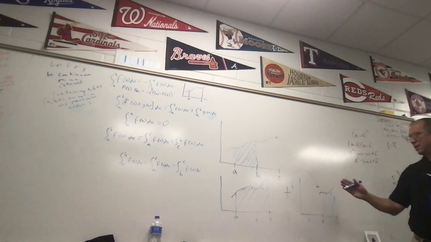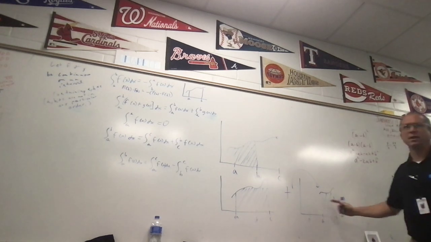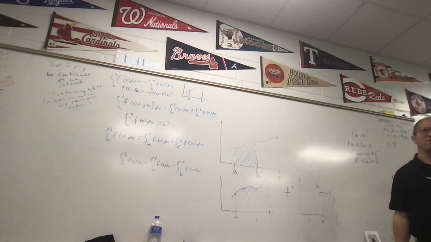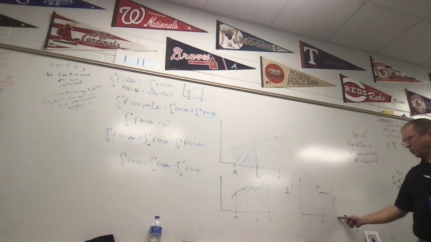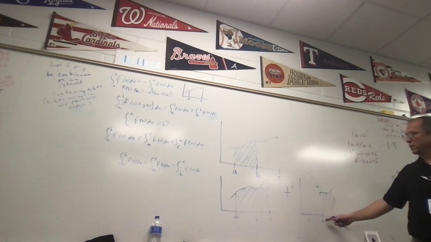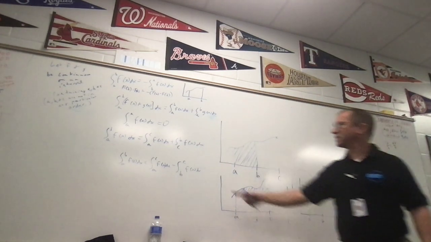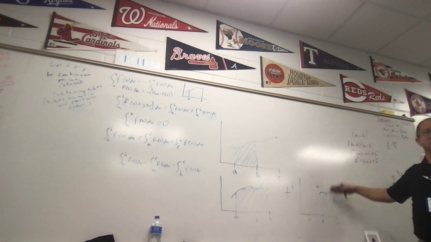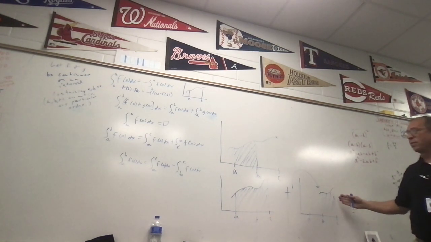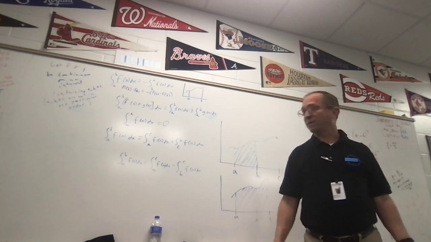But if you write it like this, it's plus c to b. We just see that c to b ends up having a negative value because the upper limit of integration is less than the lower limit of integration. So since the area is above the x-axis, that gives it a negative value. But that's what's happening there.